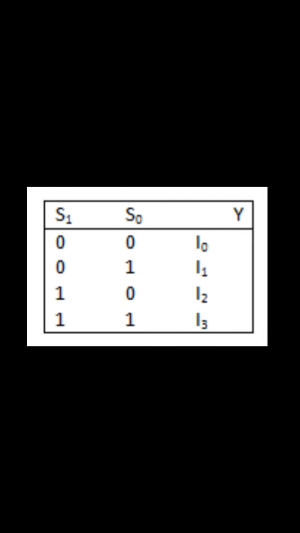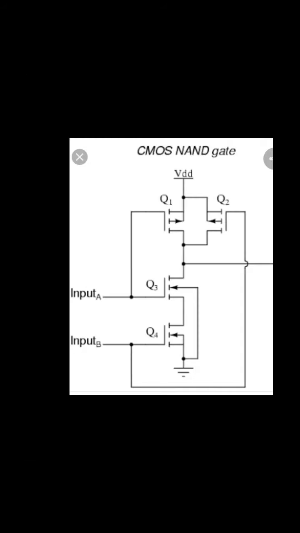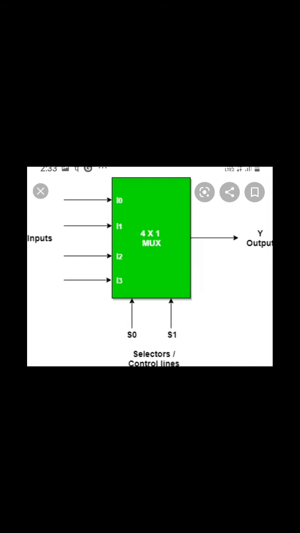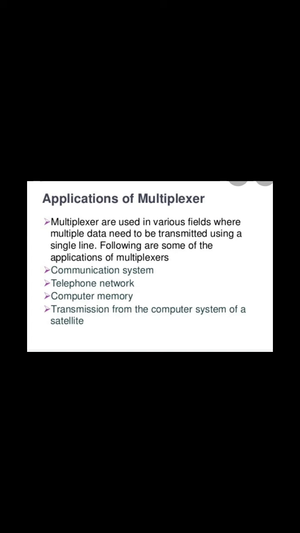Next, applications of the multiplexer. Multiplexers are used in various fields where multiple data need to be transmitted using a single line. Following are some important applications of the multiplexer.